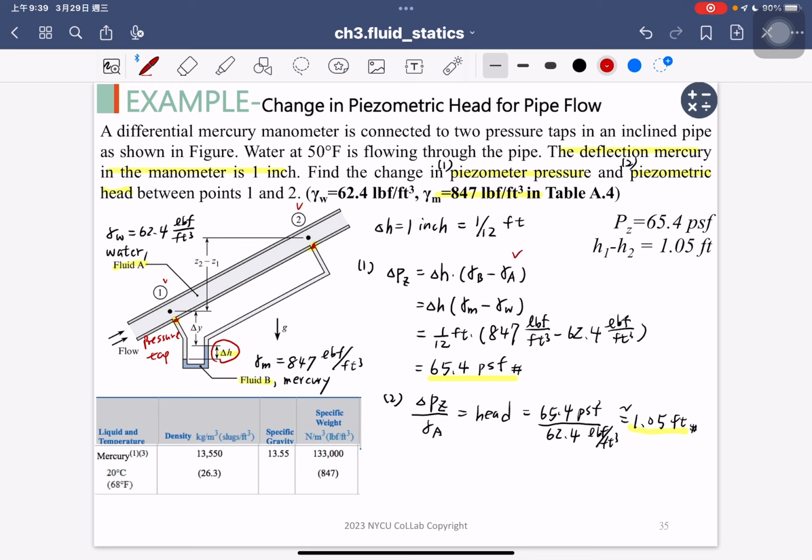You can compute the pressure difference between any 2 points. It just depends on where you put the tap and where the location is, and then you can measure the pressure difference very quickly.